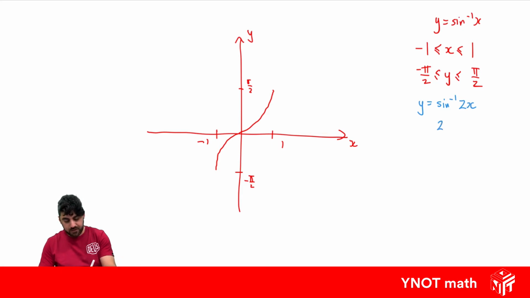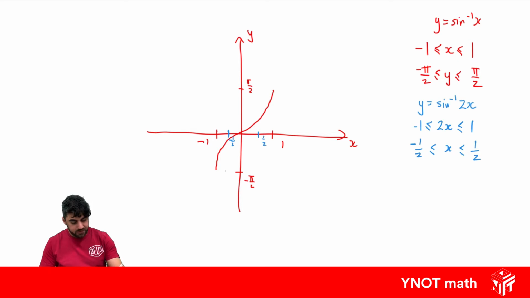We get 2x is between -1 and 1, and dividing the 2 out, x has to be between -1/2 and 1/2. Nothing would happen to the range here. So sketching this out, we're going from -1/2 to 1/2, with the same range, and we'd end up with something like this for y equals inverse sine of 2x.